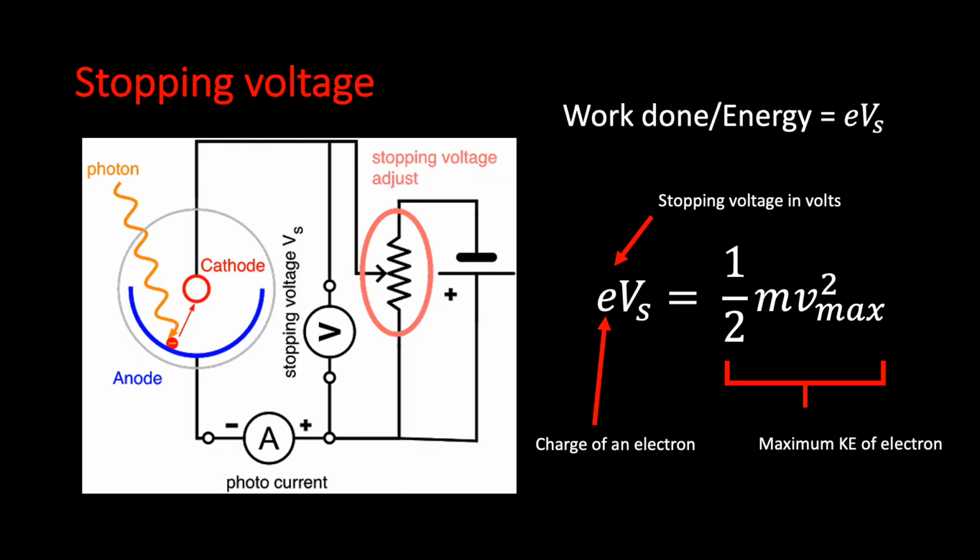Let's see what is meant by the stopping voltage in the photoelectric effect. Electrons that escape from the metal plate can be attracted back to it by giving the plate a sufficient positive charge.